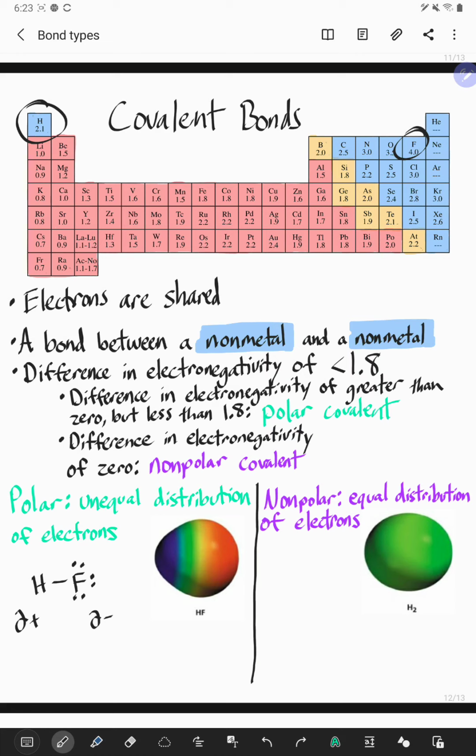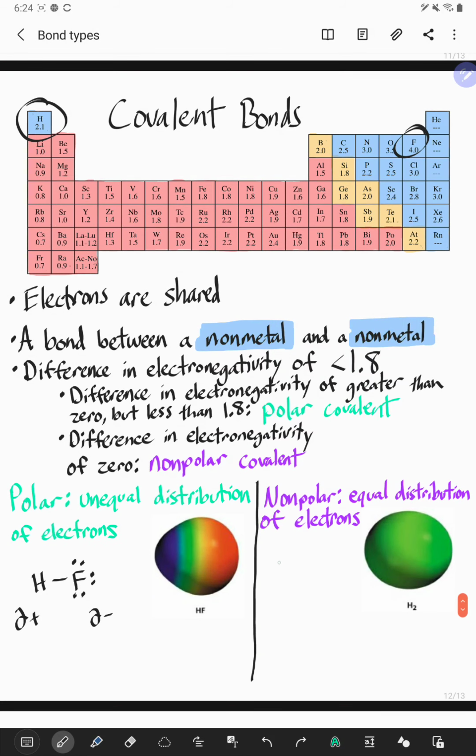All right, let's go over to this nonpolar example that we have. For nonpolar examples, the most common examples are really just going to be when something is bonded to itself. So in this example, we have H2. It could also be O2 or N2 or F2. Anything bonded to itself is going to be a nonpolar covalent bond.